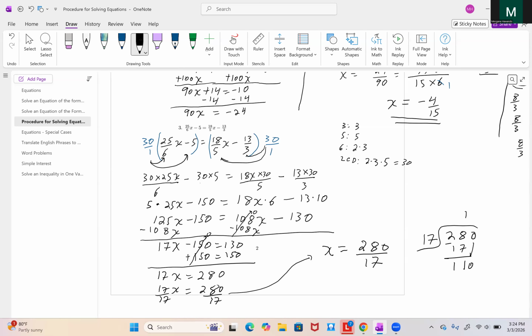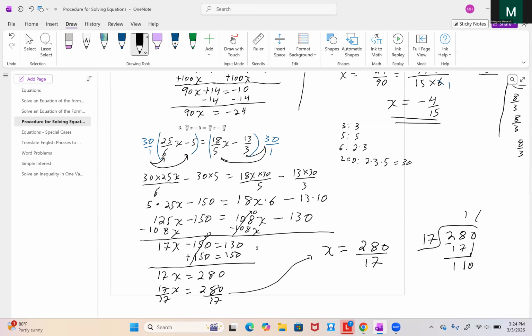So how many times would 17 go into 110? Let's say 5 times. So it's not going to divide into equal parts. So it's 5 times 7 is 35, 5 times 1 is 5, 80, 85. So it can go 6 times. But 280 is not divided equally into whole numbers by 17.